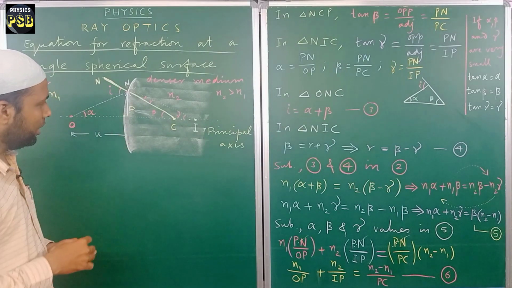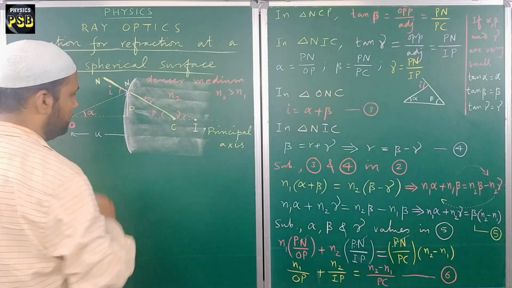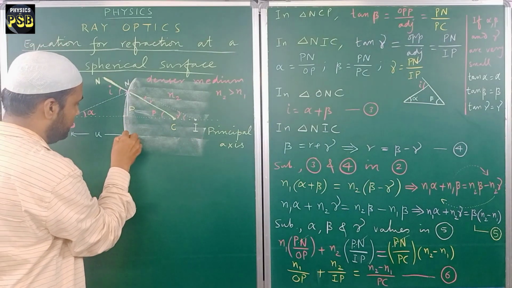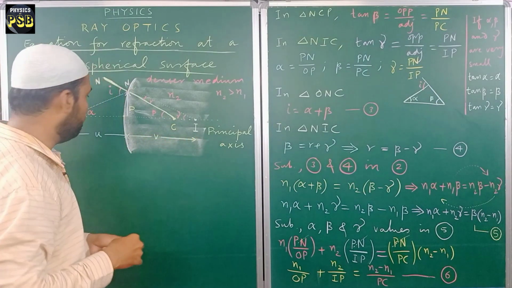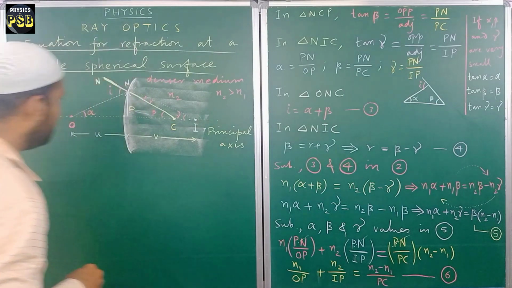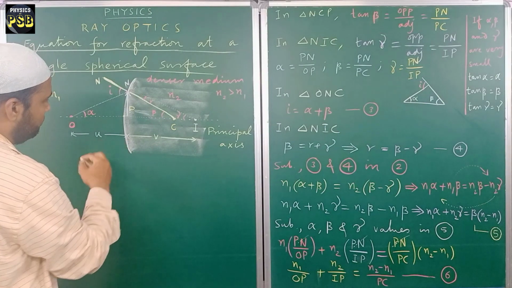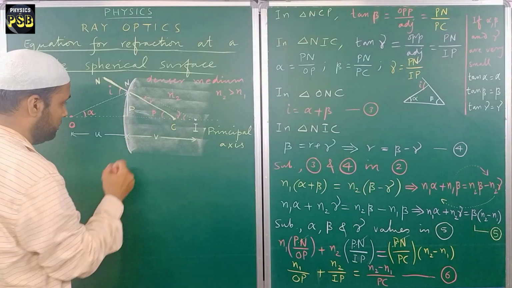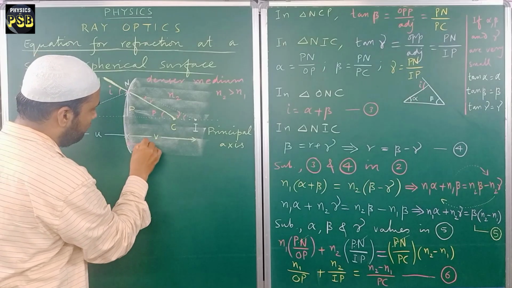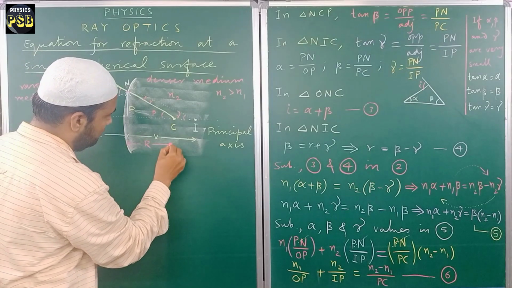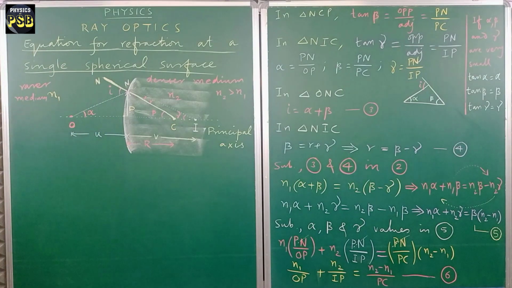The distance between the image and the pole is nothing but V, which gives the value of IP. And similarly, the distance between the center of curvature and the pole is nothing but the radius of curvature.